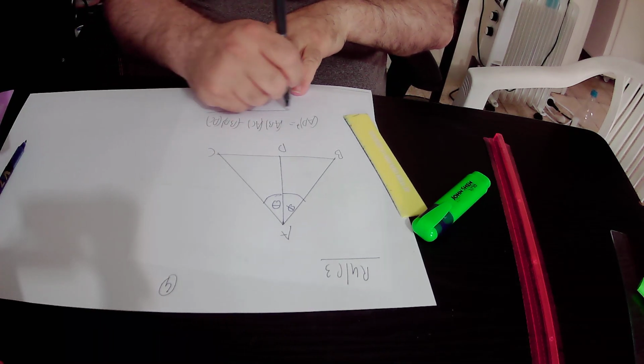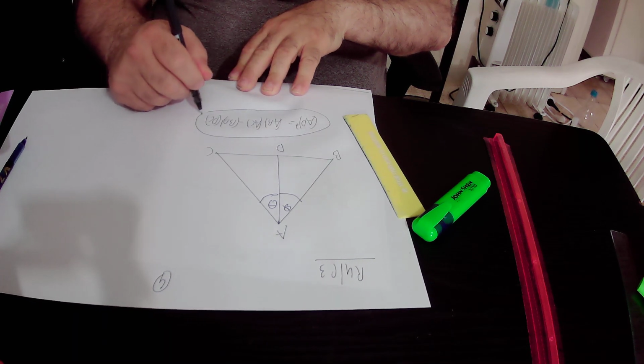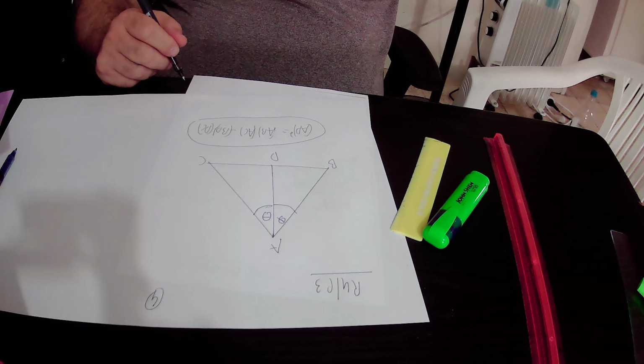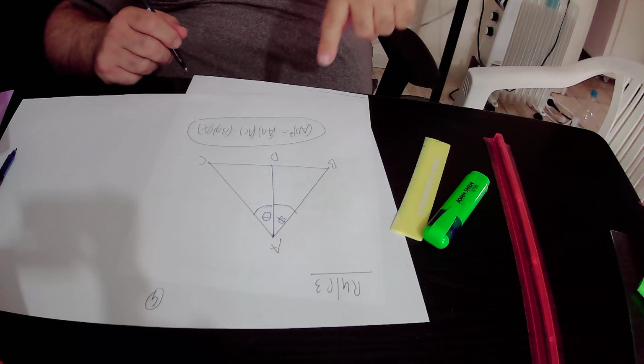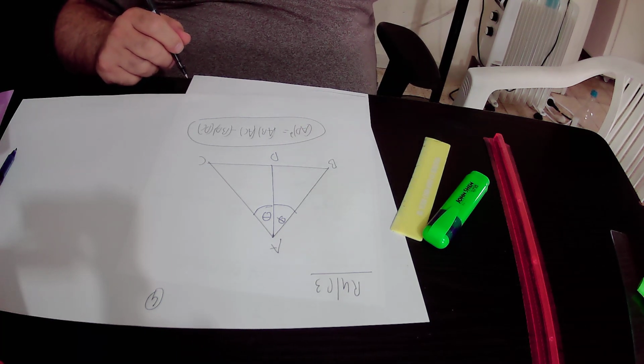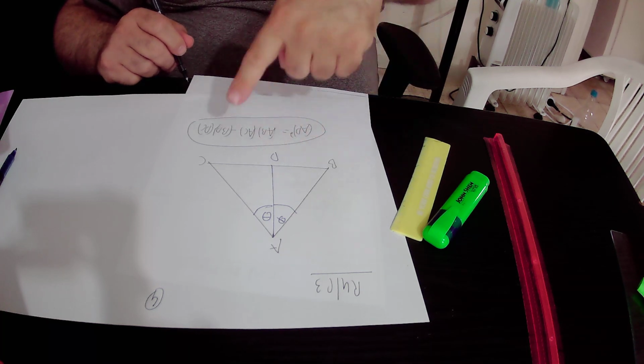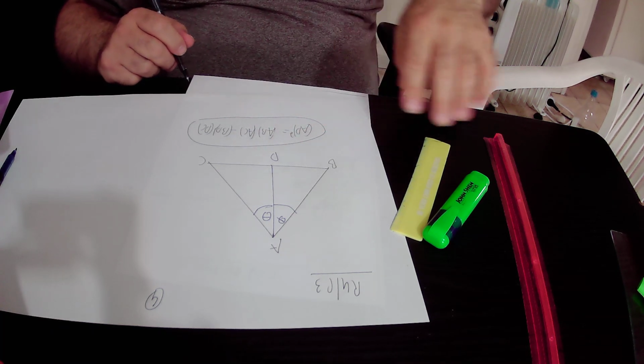I repeat again, in triangle ABC that could be any triangle, if we have the angle bisector AD, then AD squared equals AB times AC minus BD times DC.